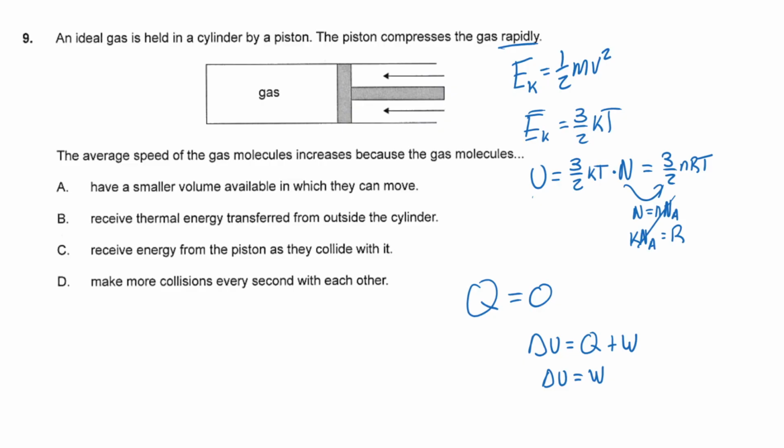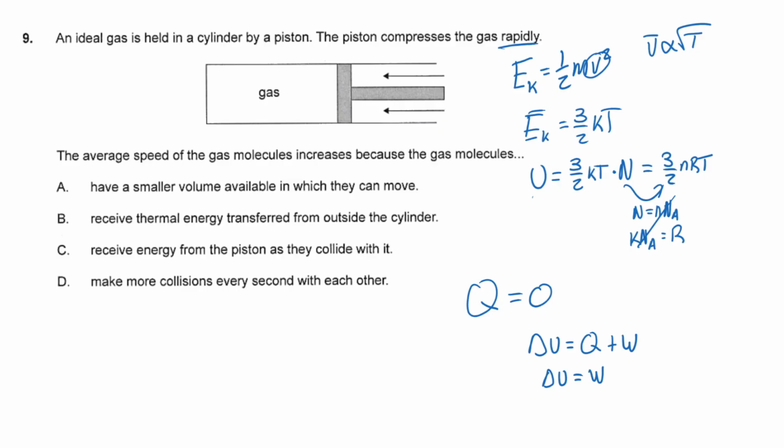And average kinetic energy, well, that's coming from 1/2 mv squared. So the average velocity is directly proportional to the square root of T. Velocity is going to increase. The average speed of the gas molecules is going to increase.